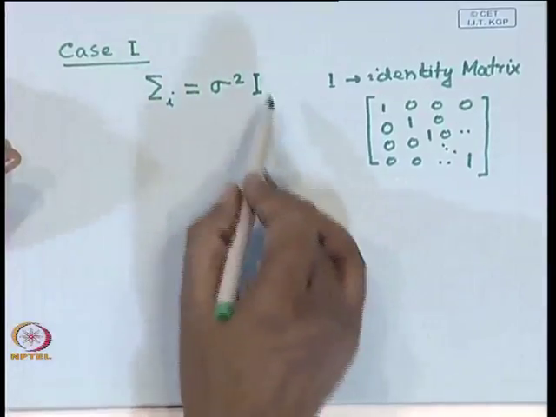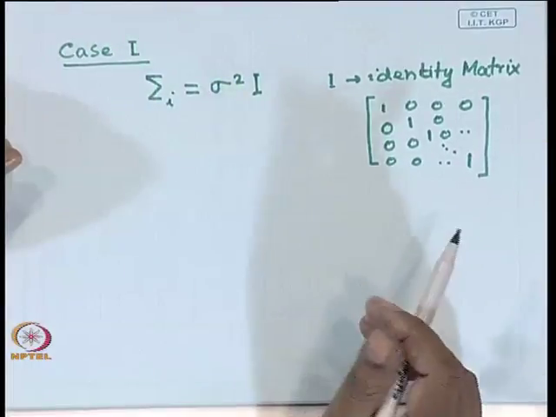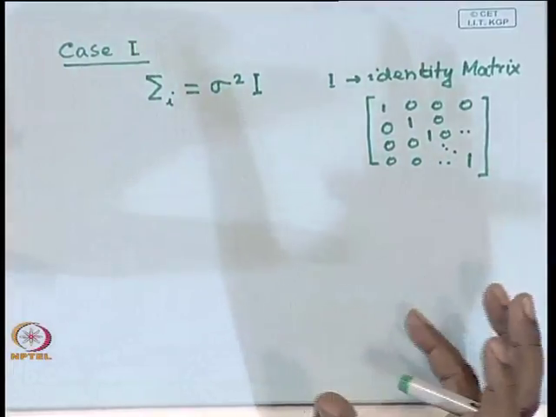And the variance of all the components is the same, equal to σ², and the off diagonal elements are equal to 0, which indicates that σ_ij is equal to 0. That means the different components are statistically independent. So, this is the case when the feature vectors or the points belonging to the same class cluster in a hyperspherical space.